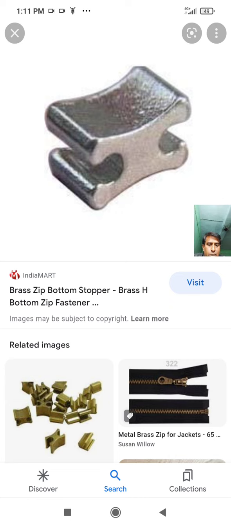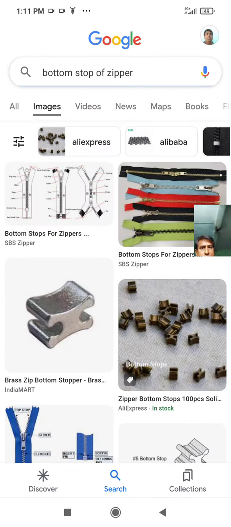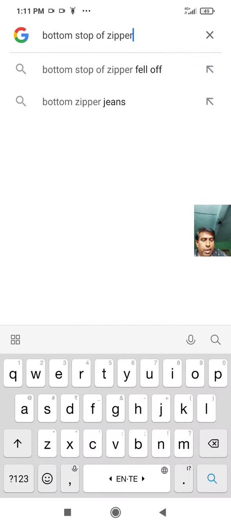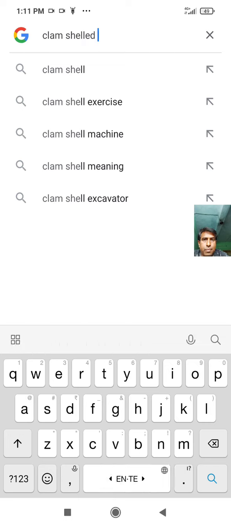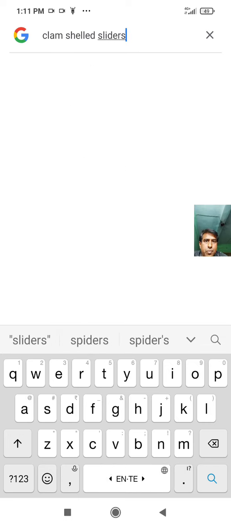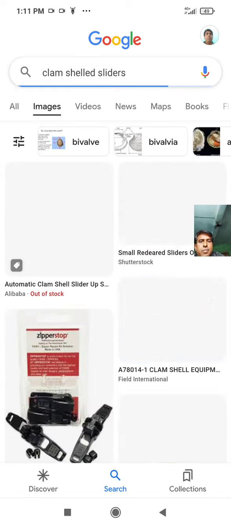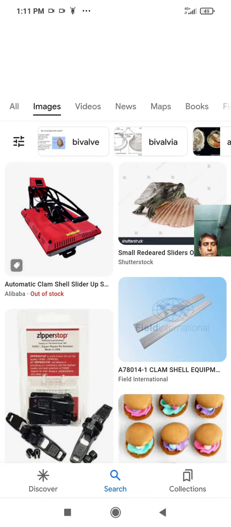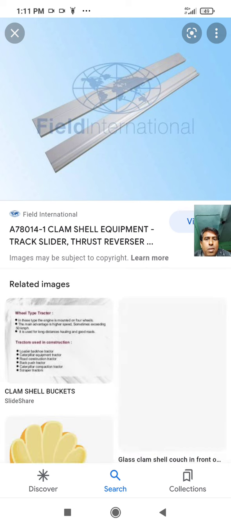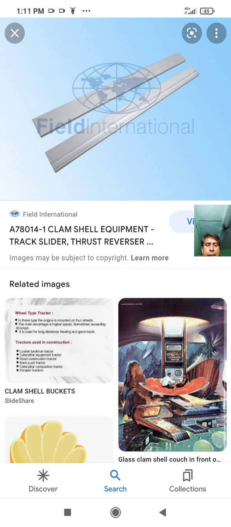So I have heard this word clamshell sliders. Let us see what it means.